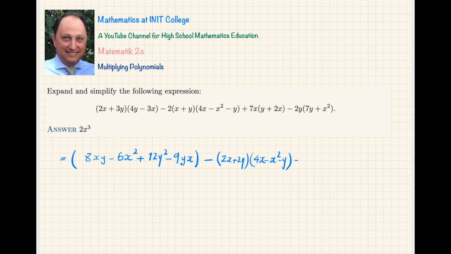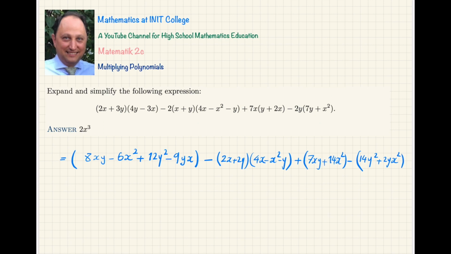And then here, plus, I have 7x that I have to multiply here and there. So this becomes 7xy plus 14x squared. Then I have negative, and I take 2y and multiply it here and there. So it becomes minus, and then I open a pair of brackets, 14y squared plus 2yx squared.